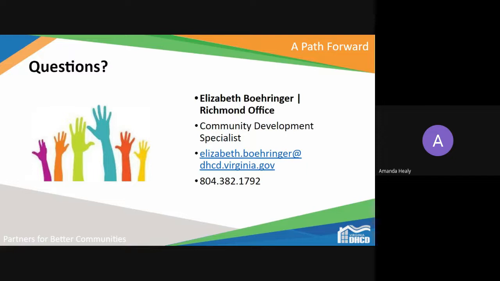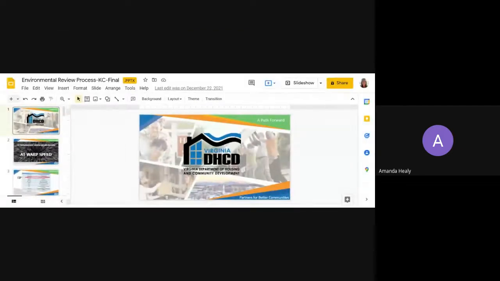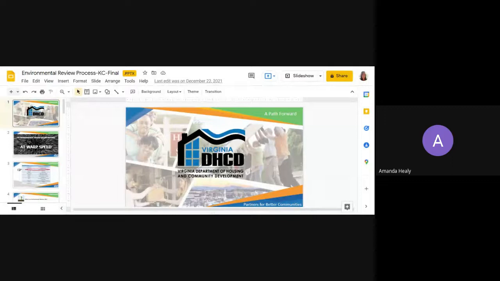Okay, Janet wants to know, are Davis-Bacon wages now required for a housing rehab project? Oh, thank you. I had meant to mention that. For housing rehab projects, it's not applicable if you're doing a single house in a construction contract. Davis-Bacon becomes applicable where with one construction contract, you're doing 8 or more units.